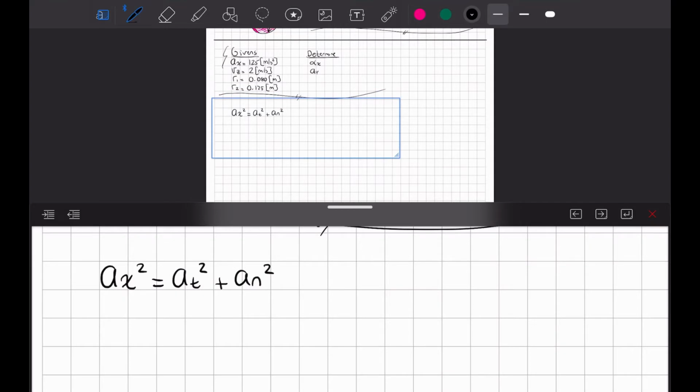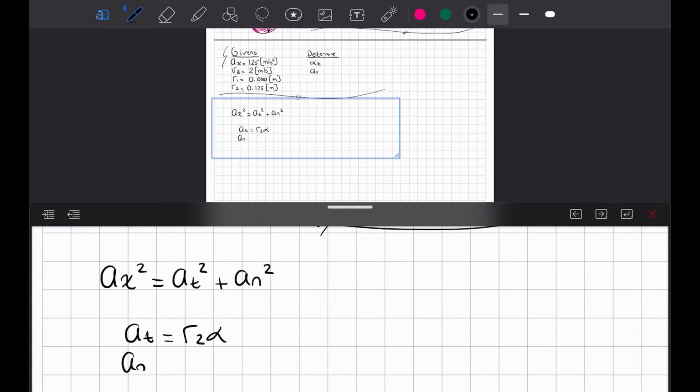And we know that due to this fixed axis rotation, and we don't have a changing radius, we can write that the tangential acceleration at point x is just going to be r2 times alpha.